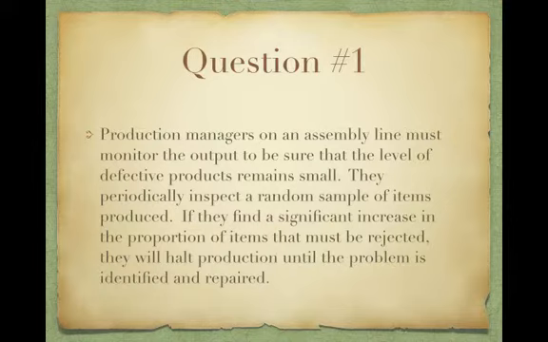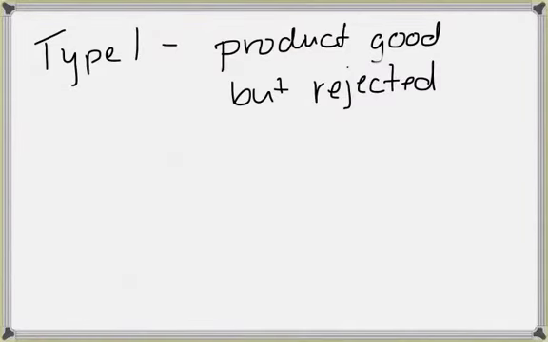So in this case, we could actually say the defective product level was small, but they halted production anyway. So the products that were coming off of the line were actually good, but they rejected the products, meaning they halted the production anyway.